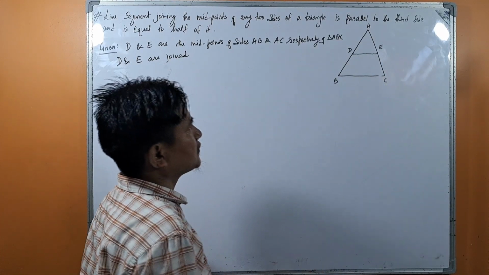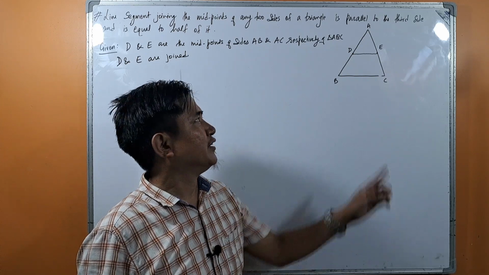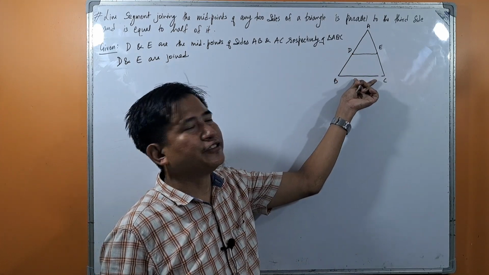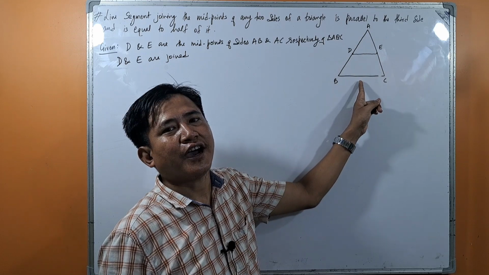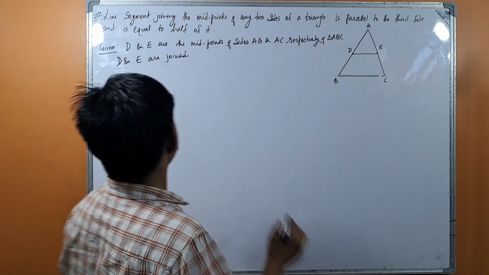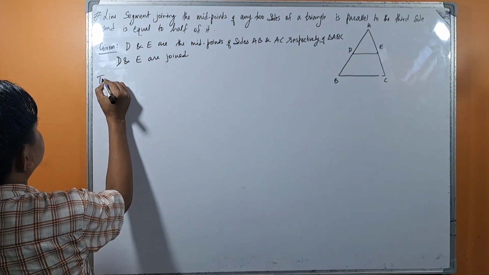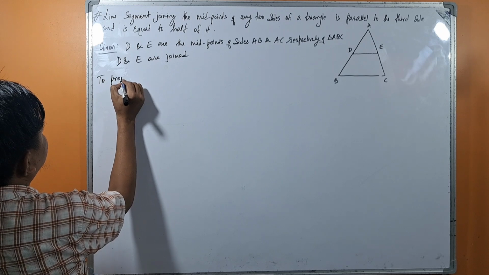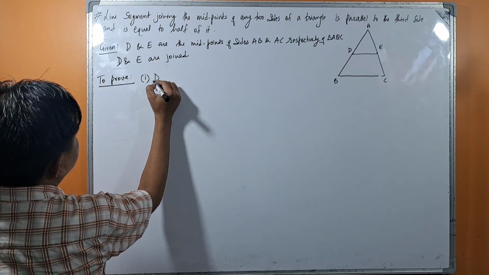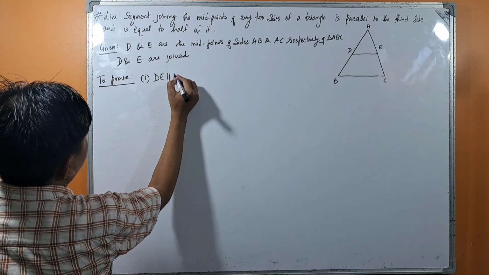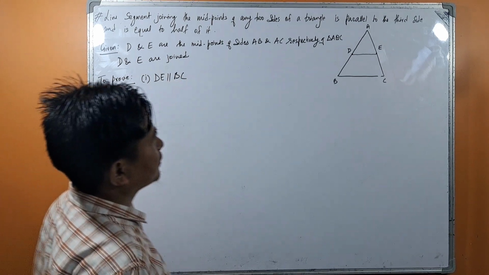Okay. Now we are asked to prove DE is parallel to BC and DE is equal to half of the length of BC. So to prove number one, DE is parallel to BC.